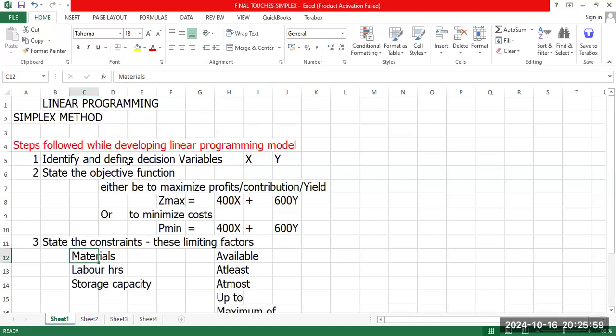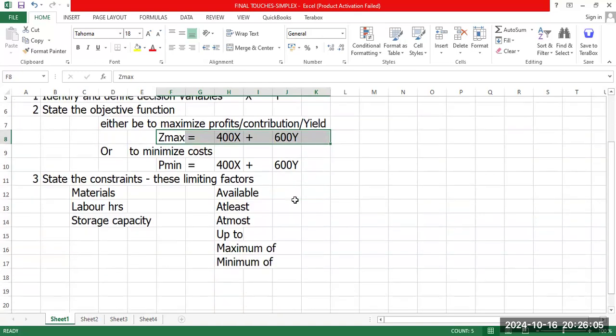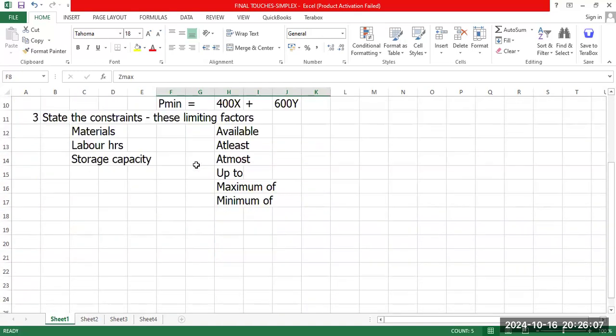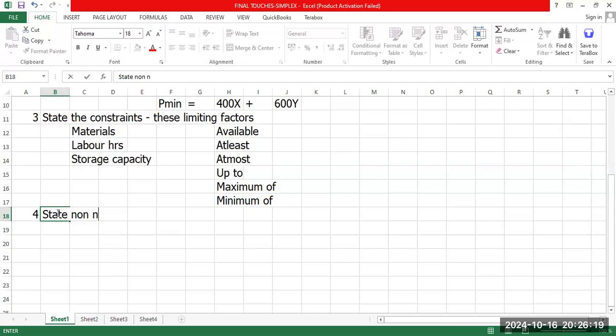But as you state your objective function, you see that we don't put any inequality. We just put an equal sign. Then once you state your constraints, the last step is to state the non-negativity function.